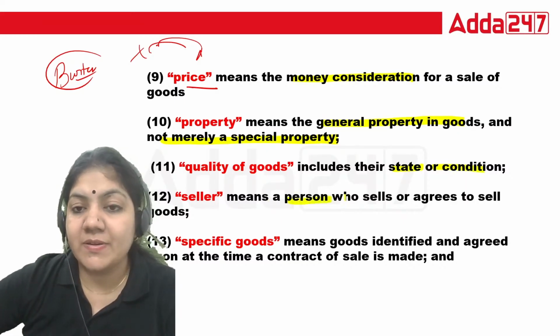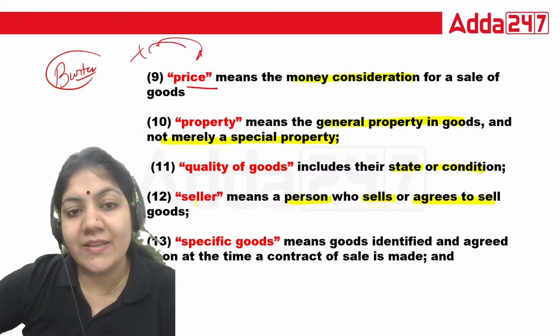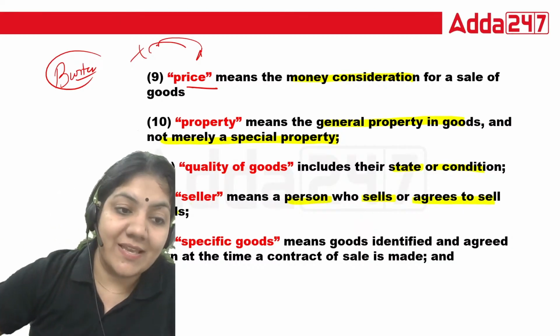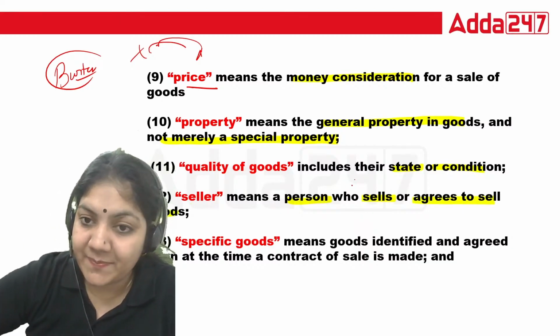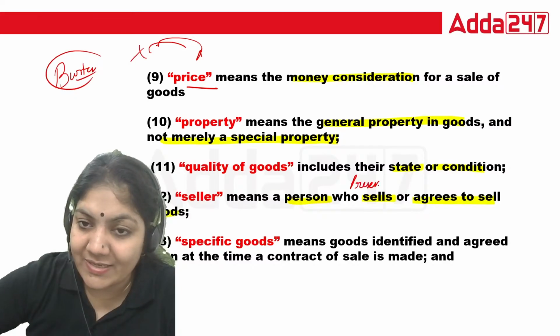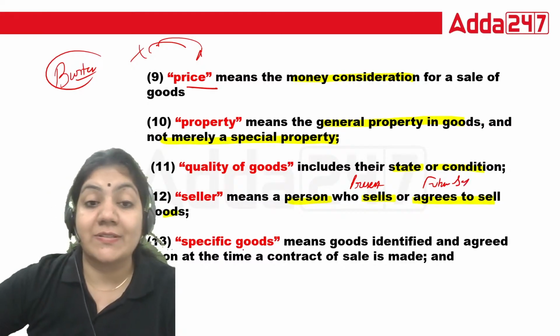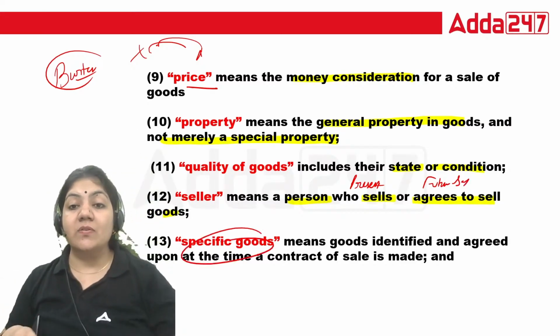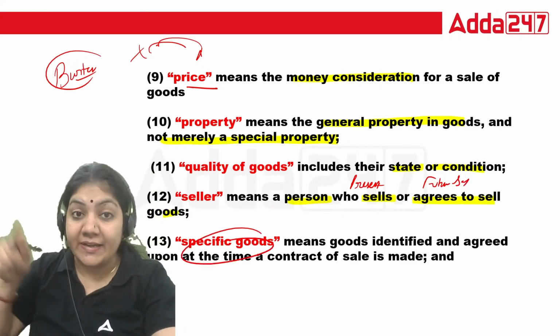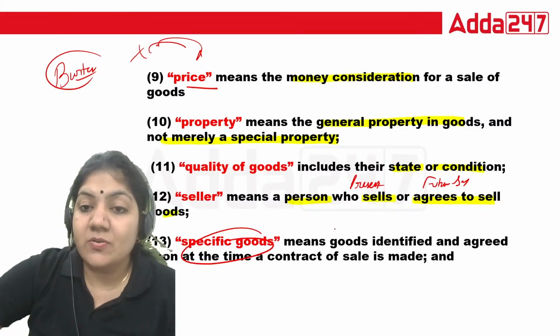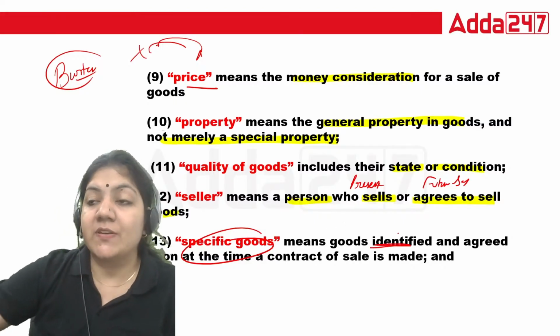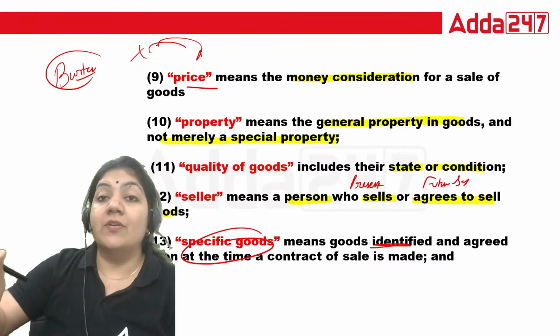Seller, a person who sells or agrees to sell the goods. Sell is a present sale and agree to sell is a future sale. What is specific goods? The goods which are identified. Specific means I just want a Renault pen.